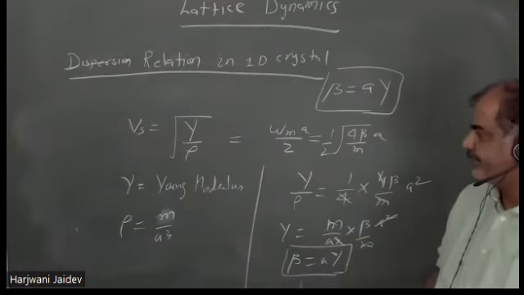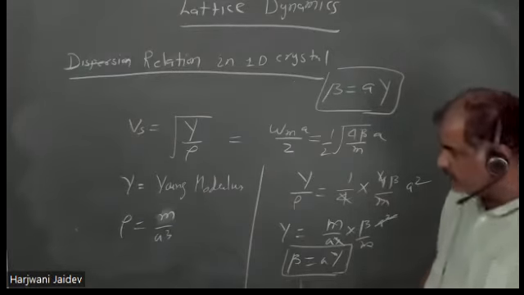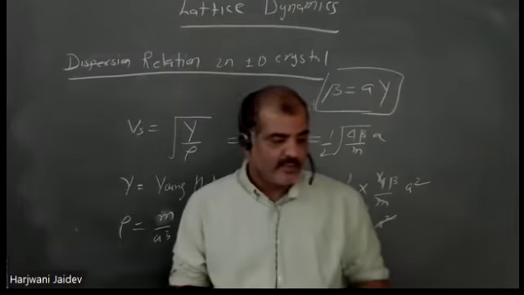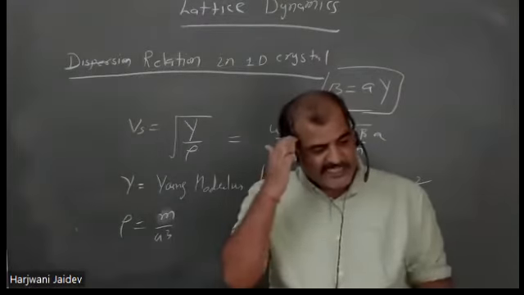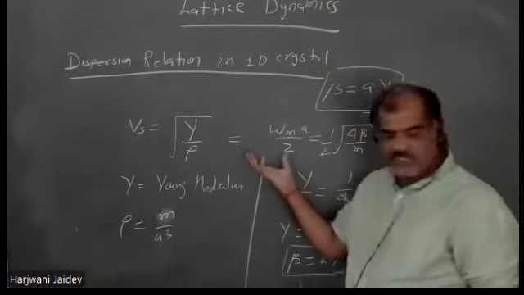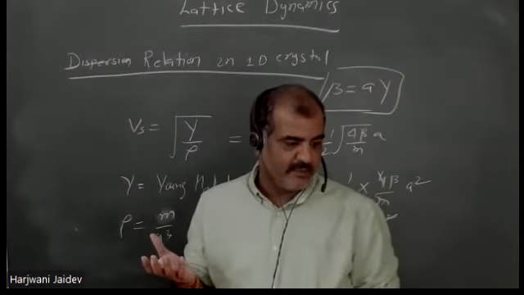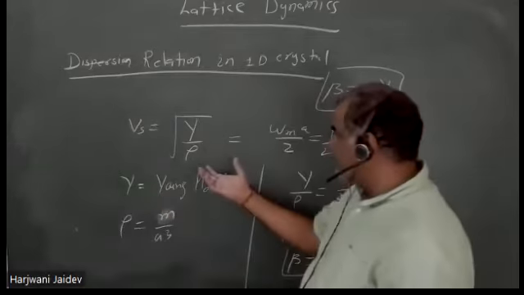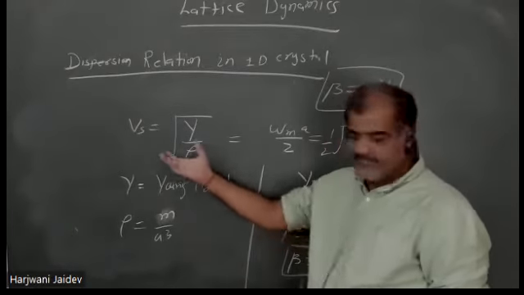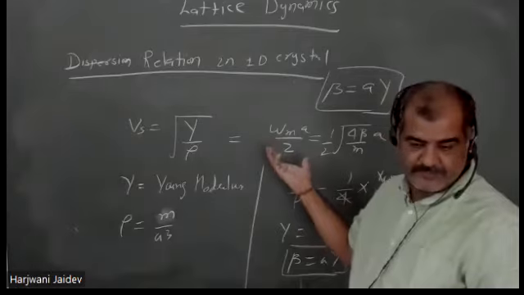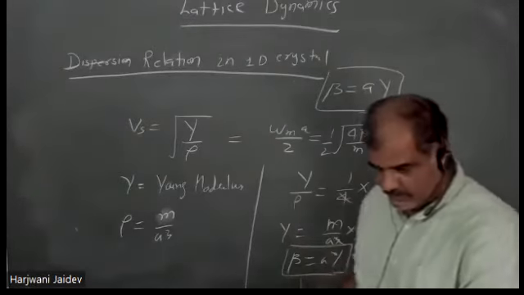For 2D crystal or 1D crystal, is there anything? Just now I have shown you that if it is a 3D crystal also, the relation was the same. But the rho will change, right? I am calculating for a 3D solid, and the region is the same.